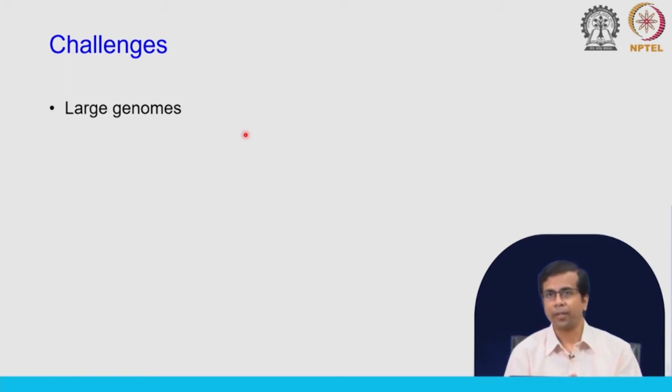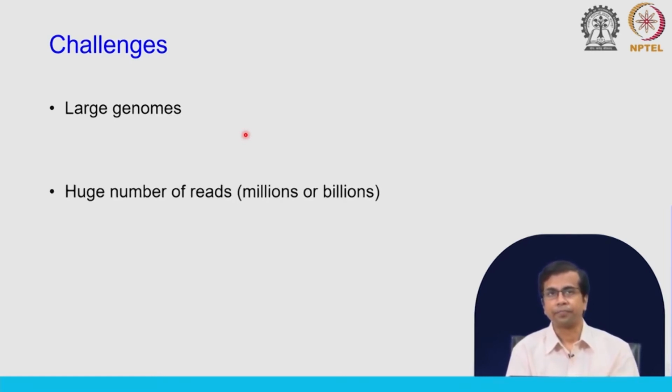What is the problem with big genomes? Why is that a challenge? Because then you have many potential locations where a read can come from. You have to check all these locations, and this takes time and computational resource. This is why large genomes are a challenge for us.